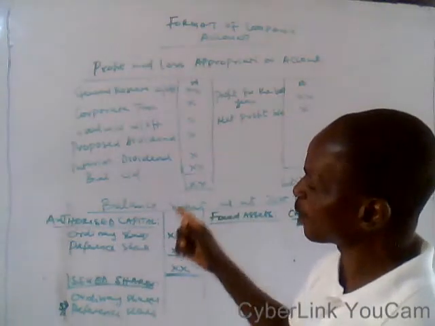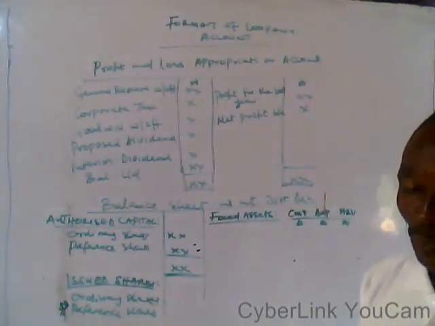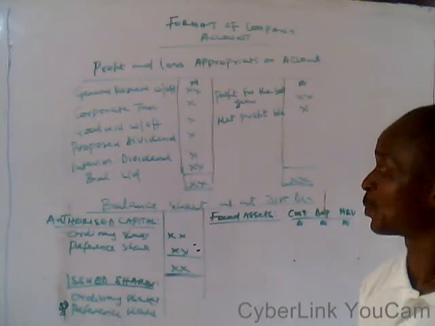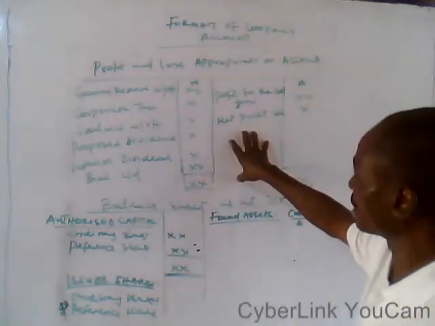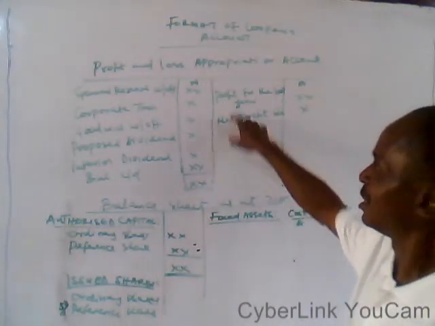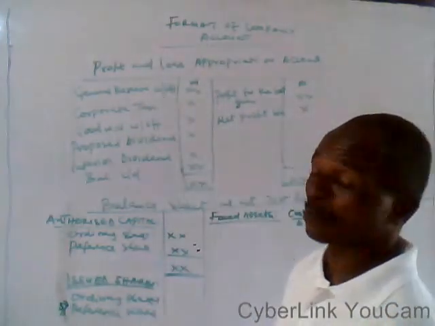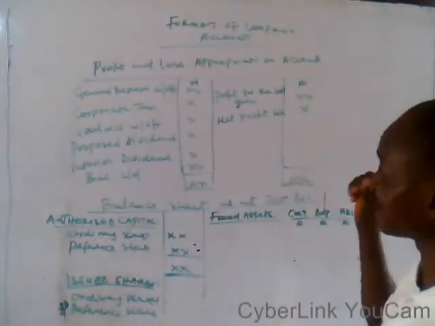The net profit here is a normal net profit. But the continuation of the account, the profit and loss appropriation, is different from the profit and loss appropriation of your partnership account.